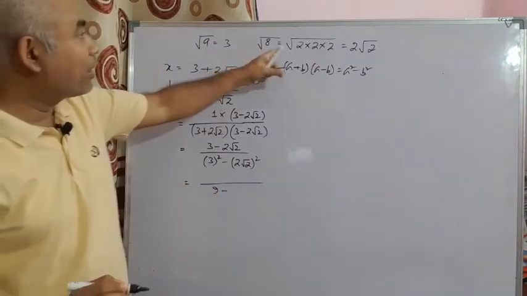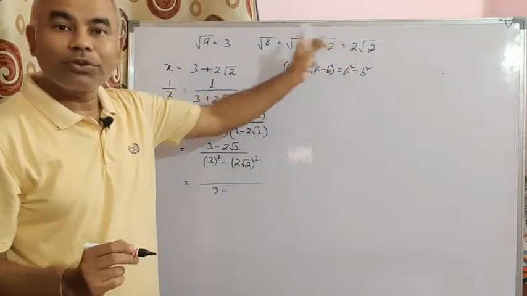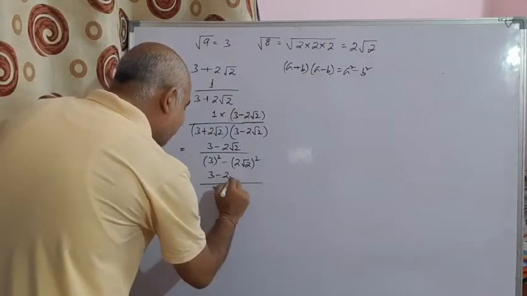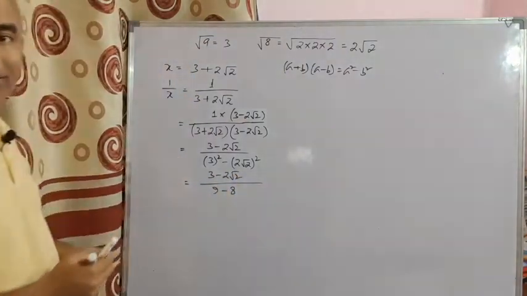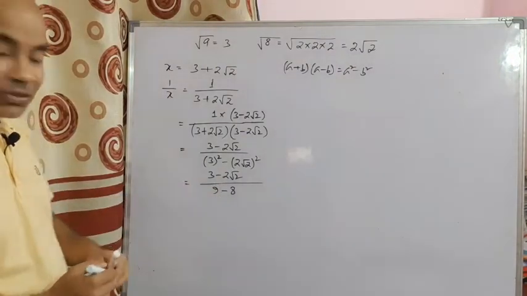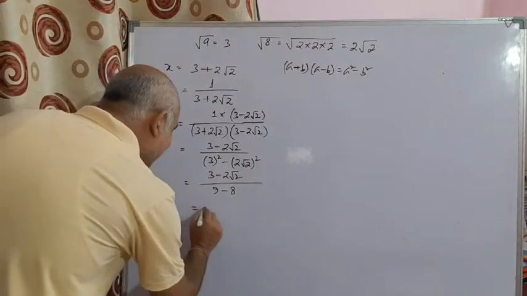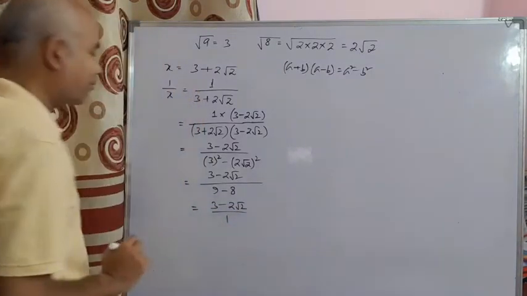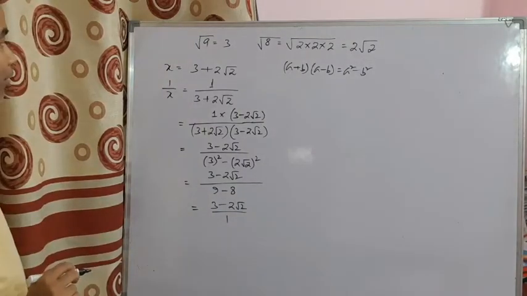If the square root of 8 is 2 root over 2, then the square of 2 root over 2 is 8. So it is 3 minus 2 root 2 by 9 minus 8. Now 9 and 8 are consecutive natural numbers, so their difference is 1. So it will be ultimately 3 minus 2 root over 2 by 1.